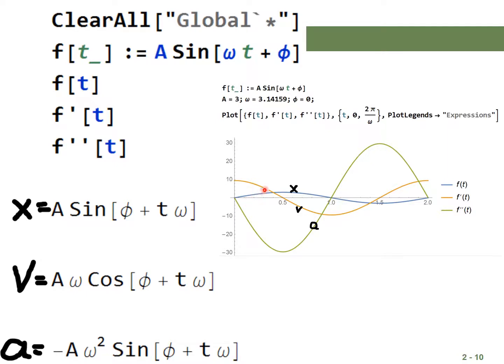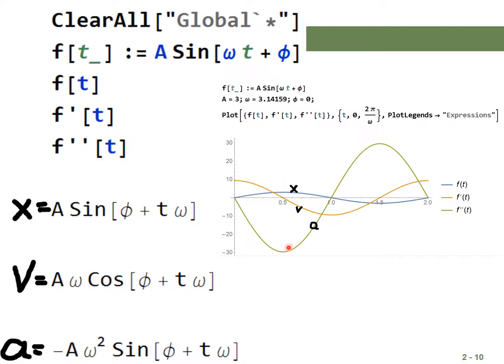Remember that when position is a max or a min, it's going to stop before it turns itself around. So our velocity goes to 0 when our amplitude is a max. And if we want to figure out where acceleration is a max, that's going to happen when the spring is all the way stretched to its maximum amplitude, right?